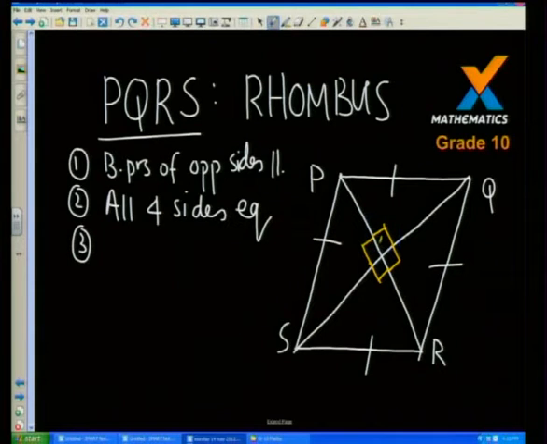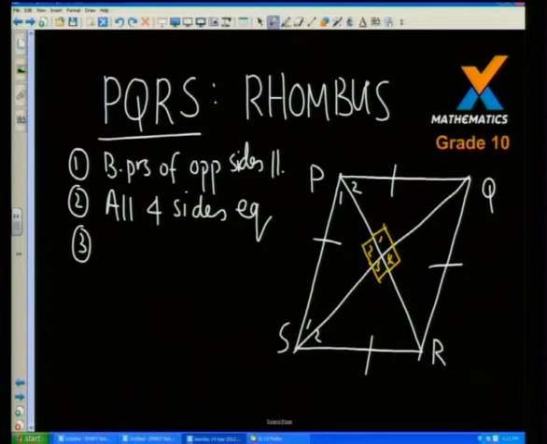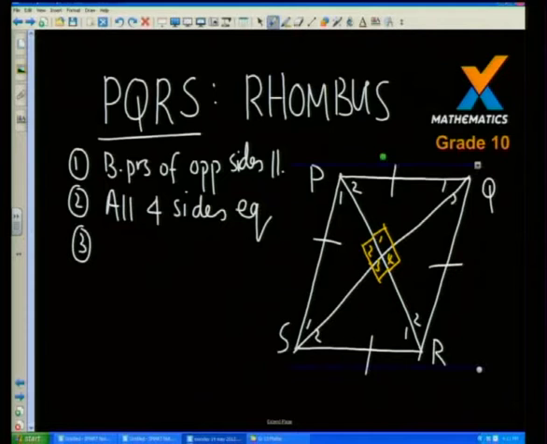So this angle, all these 4 angles where the diagonals meet are 90, notice it did not happen in the parallelogram. And also, what this diagonal does is it cuts all these angles into equal portions. So we actually have that P1 and P2 are actually the same.